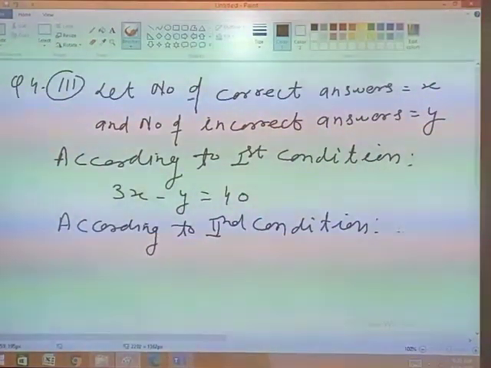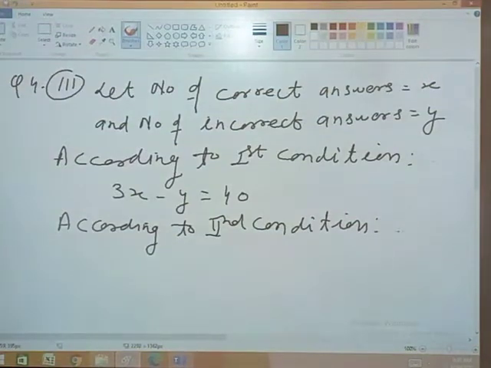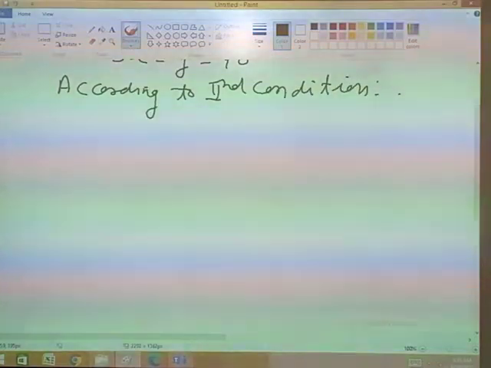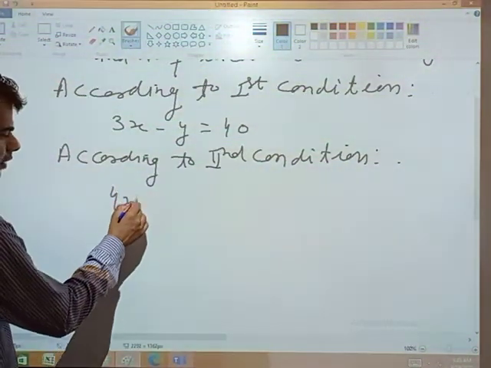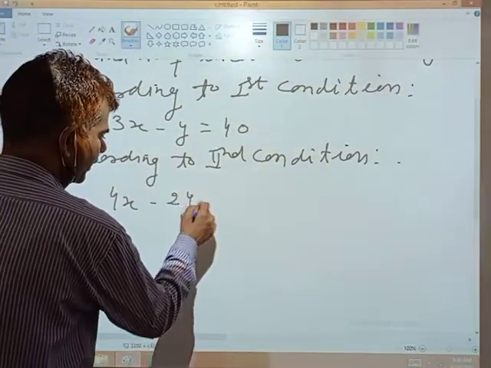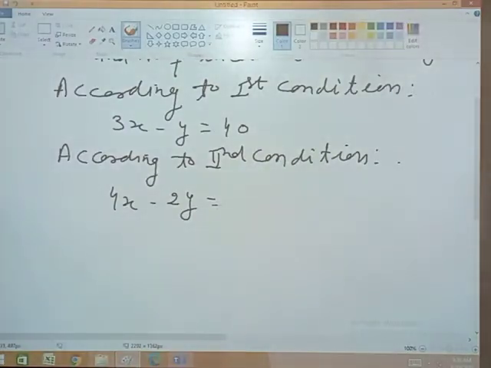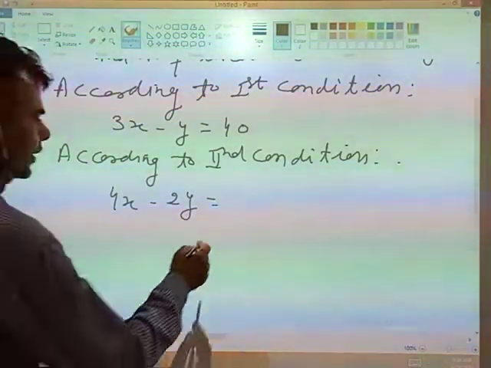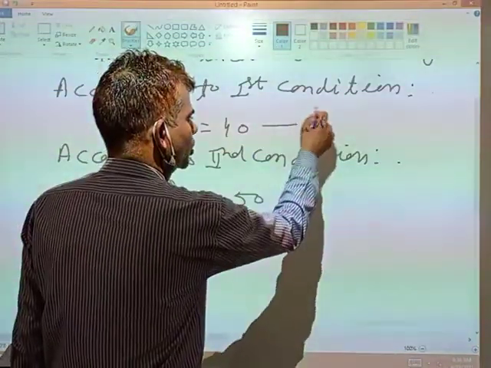For 1 correct answer, 4 marks; for x correct answers, 4x. Minus, for 1 incorrect answer, 2 marks are deducted, so 2y, is equal to 50.